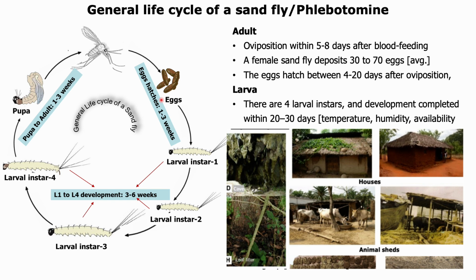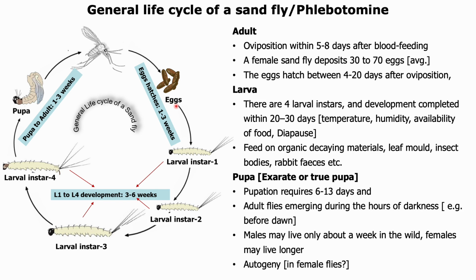For example, Phlebotomus papatasi deposits 40 to 80 eggs at a time when the temperature is above 15 degrees centigrade. These eggs hatch between 4 to 20 days after oviposition. Remember, prolonged hatching time is required in cooler weather or any unfavorable conditions.